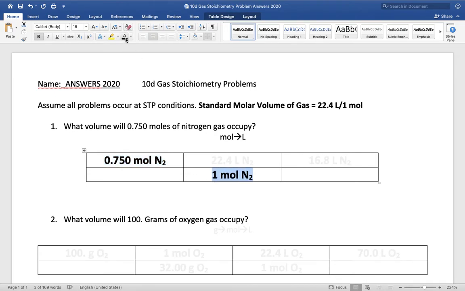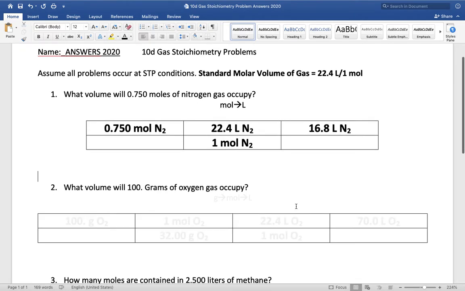So that will go in the denominator, and there are 22.4 liters in 1 mole at STP. So 0.750 times 22.4 divided by 1 gives me a final answer of 16.8 liters of nitrogen gas. So pretty simple, one-stepper on the first one.